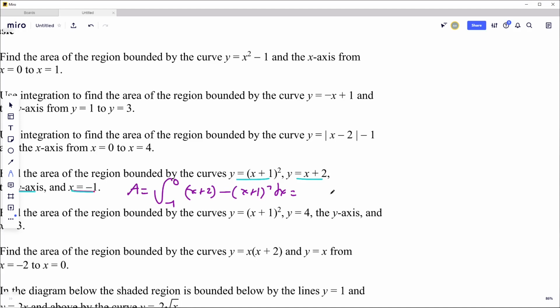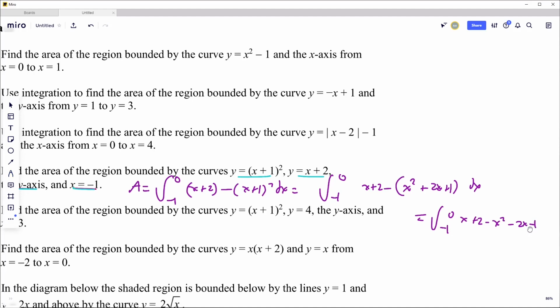Anyways, so integral from minus 1 to 0, so it's x plus 2 minus, do this quickly, x squared plus 2x plus 1 dx. Again, integral from minus 1 to 0, x plus 2, I'm doing this step by step, minus x squared, not to do a mistake like last time, minus 2x minus 1 dx.